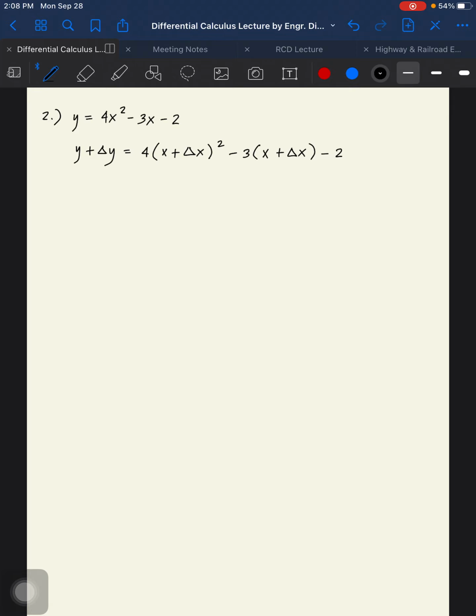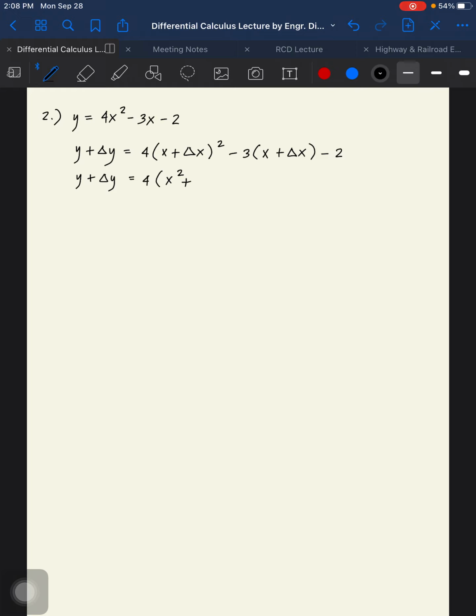Then we need to expand the equations. So we have there y plus delta y equals 4x plus 4 delta x. Oh, sorry. We need to expand first the one inside the parentheses. Okay? Bit excited. So let's expand that first.